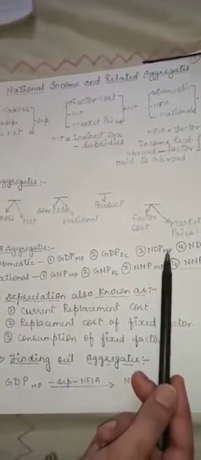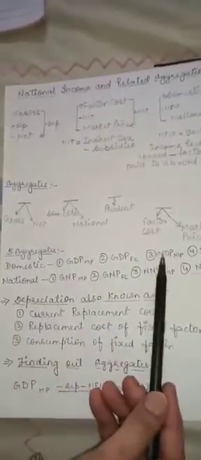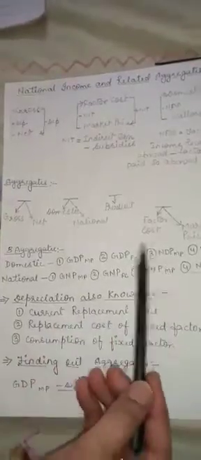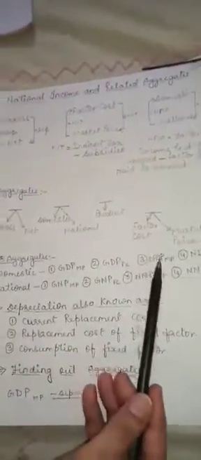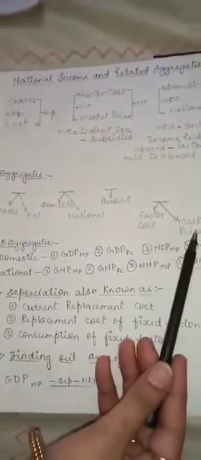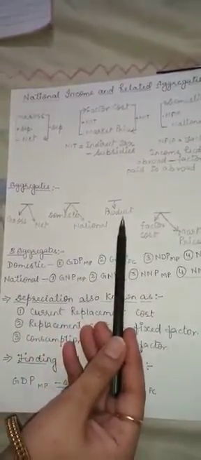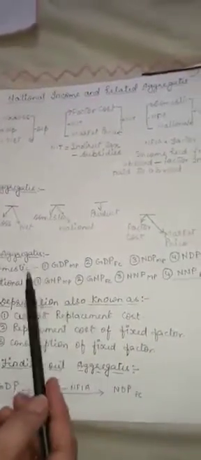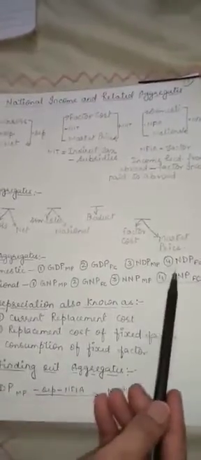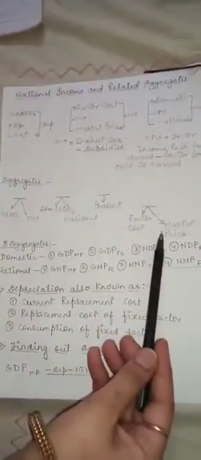The third one is NDPMP, that means N for net is taken at the first place, D for domestic at the second place, P for product, and the fourth is market price again. Now again NDPFC, net domestic product at factor cost. So that's how these aggregates are made with the help of these 4 places.